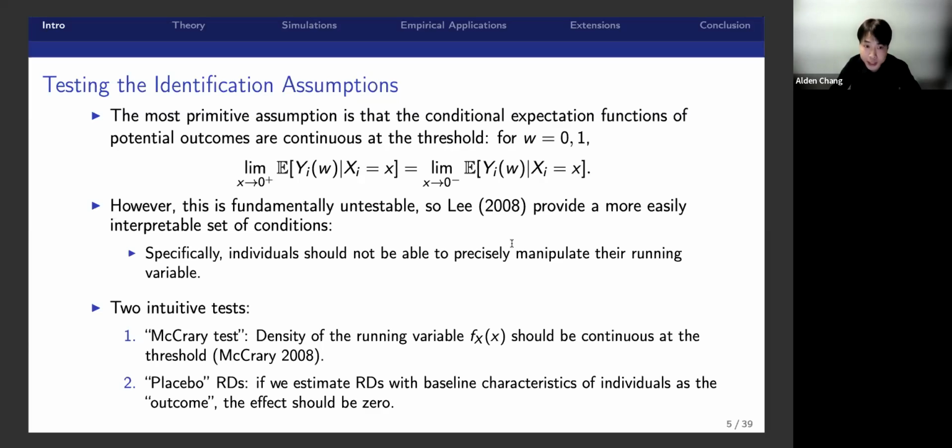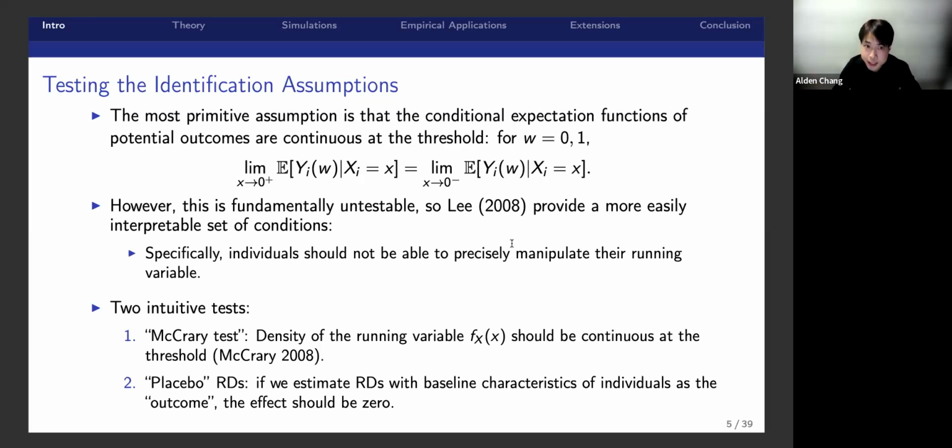So how do we test whether this assumption is likely to hold? The first way we can test this is using something called the McCrary test. Basically, we are testing whether the density of the running variable is continuous at the threshold. A second test is to conduct "placebo" RDs.